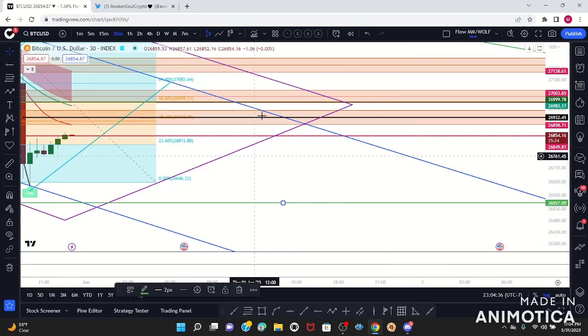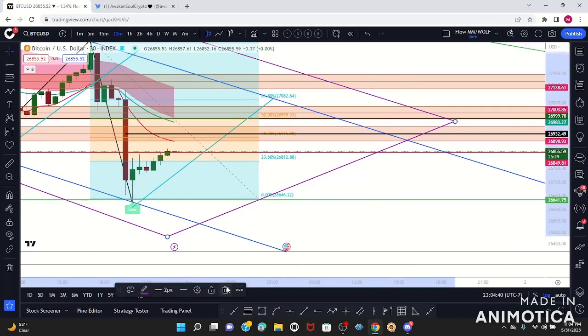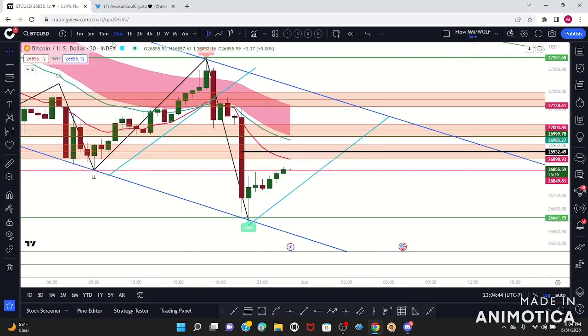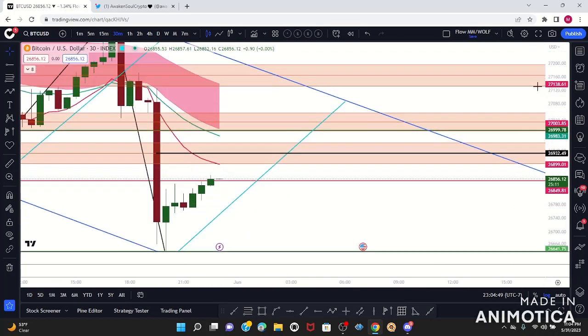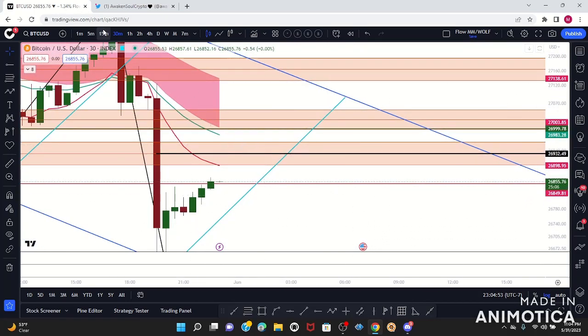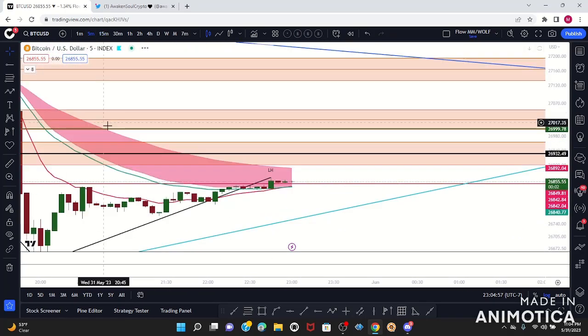So what I'm going to do is set a range. How do I determine where's my range? Usually I like to look at it in the 30 minutes, start off in the 30 minutes. What's my 30 minutes telling me? It's telling me that we are crossing back up on the daily. Wow, 30 minutes.